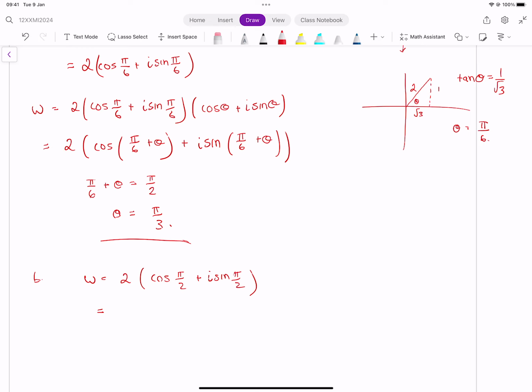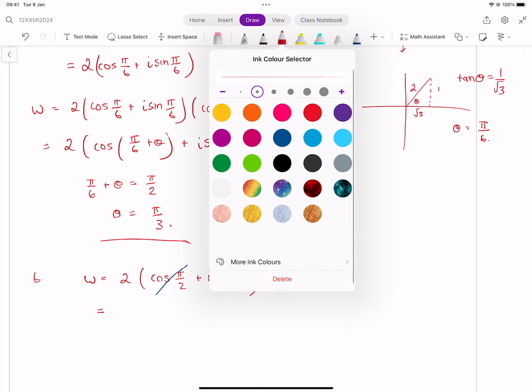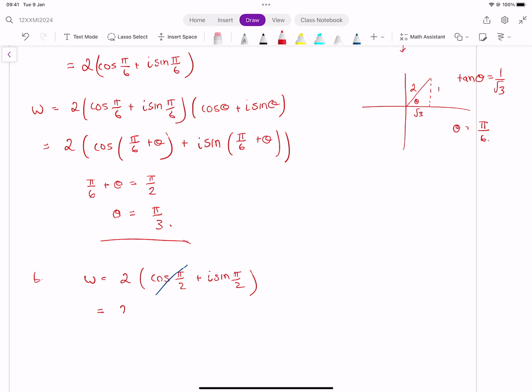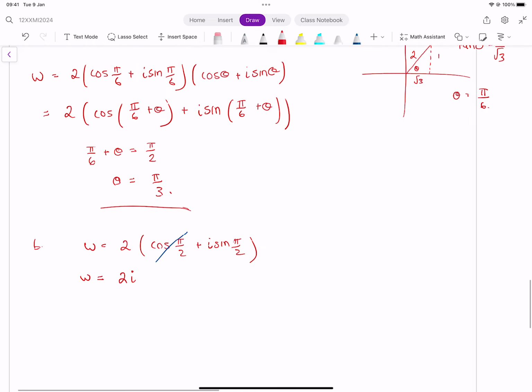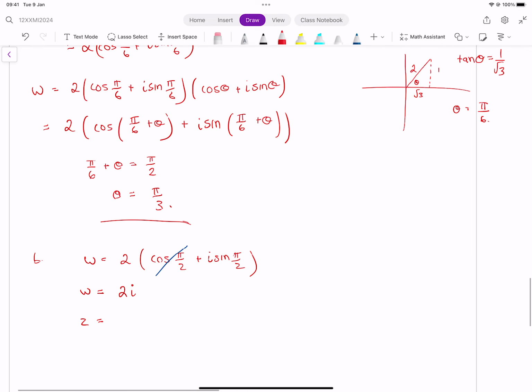Now going straight up, for a number to be purely imaginary, it can only contain imaginary components. So cos of pi on 2 we know is 0, so that makes sense. Sine of pi on 2 is 1, so this is the complex number 2i. So w is 2i. We also know that z, from the original question, is root 3 plus i.